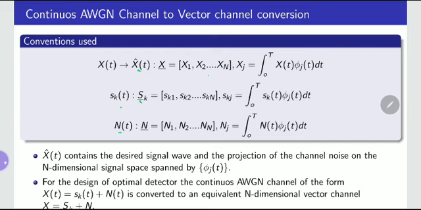So it is represented as vector n equal to n1, n2, ..., nN, where the coefficient nj is the inner product between n of t and phi j of t, or it is the projection of n of t on the signal space. So x cap of t contains the desired signal wave and the projection of the channel noise on the n-dimensional signal space spanned by phi j of t.